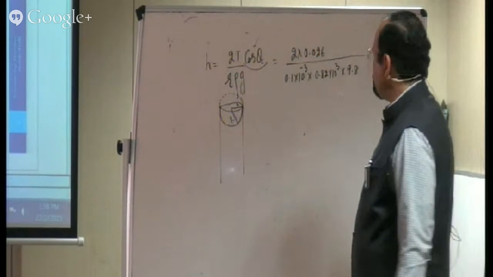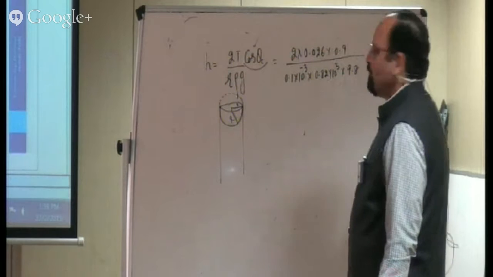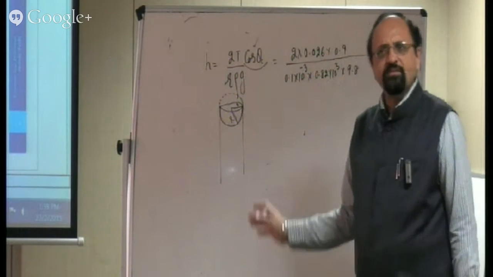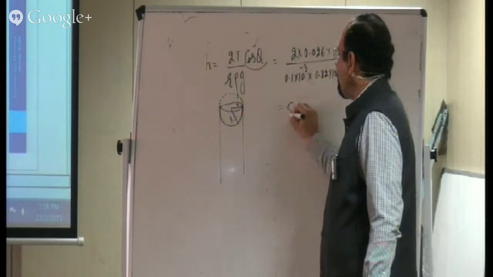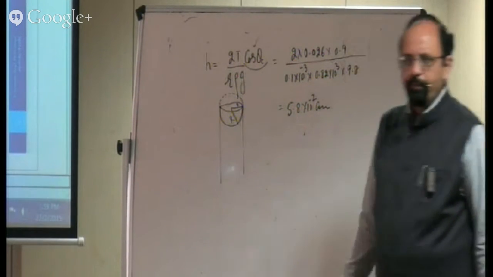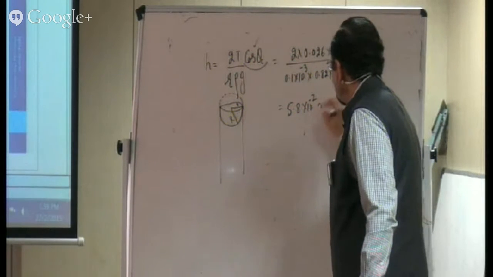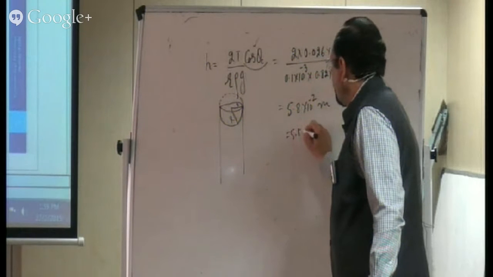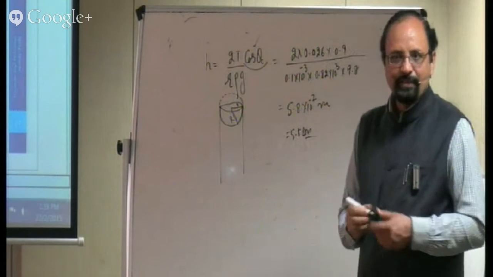Then we have cos theta C, which is given as 0.9. Rest is the calculation. If you do it, your answer will come out to be 5.8 times 10 to the power minus 2 meter. Obviously, if I convert, it is 5.8 centimeter. So that is your answer, D in this case.